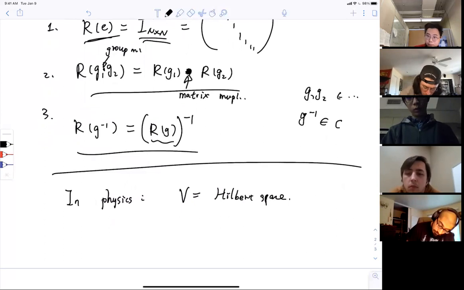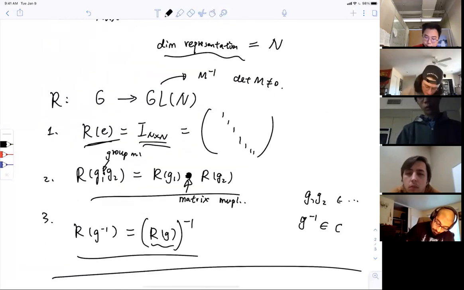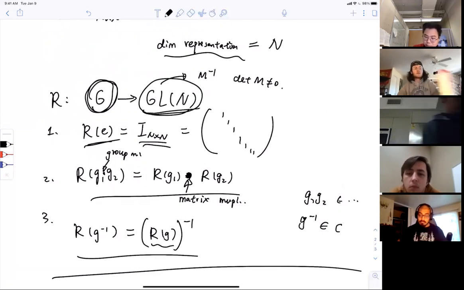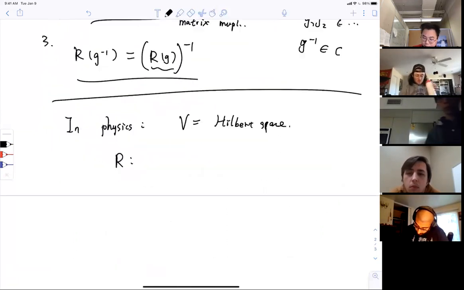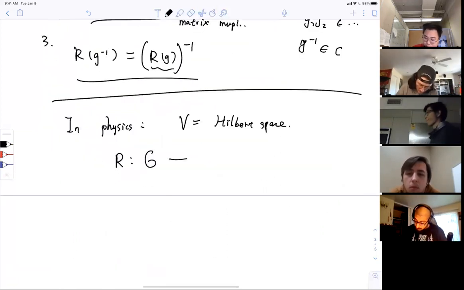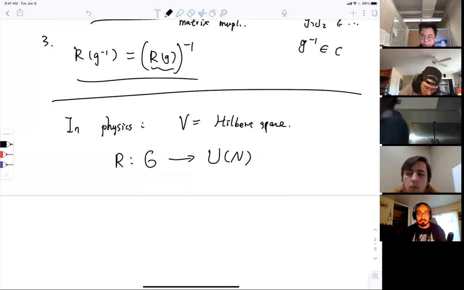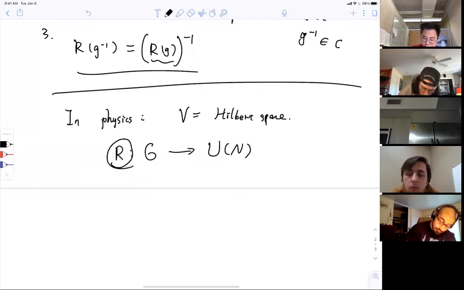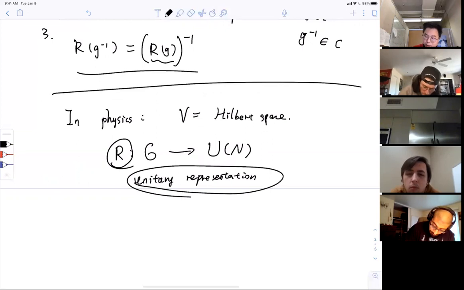In this case, originally we can map our group to general linear n by n matrices, but now we can only map our group elements to unitary n by n matrices, because an operation acting on the Hilbert space is naturally a unitary transformation, right? So this kind of representation R is called a unitary representation.